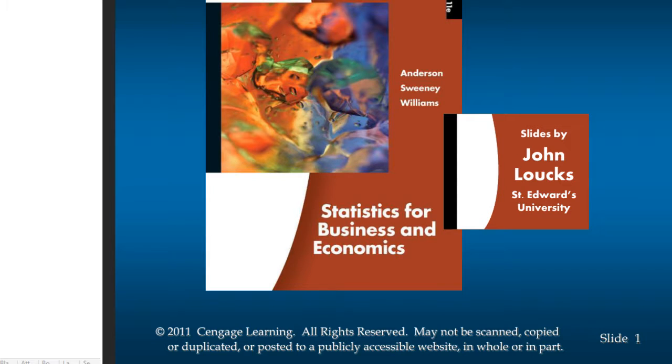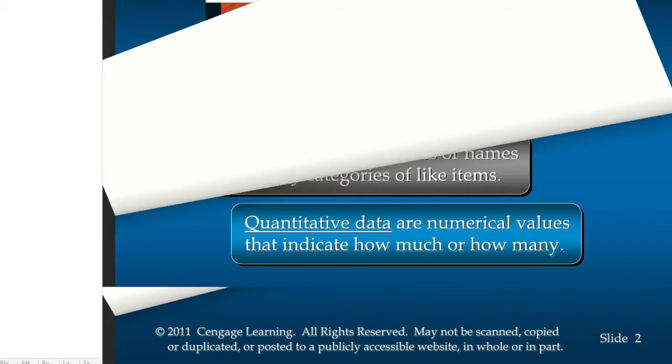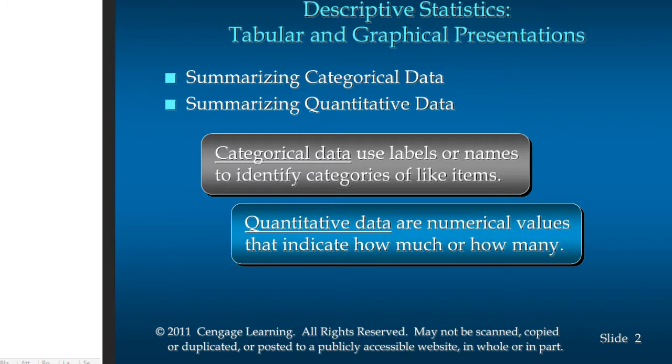So we are going to check chapter 2, right? The first thing that we are going to check in this chapter is how to present categorical data and quantitative data. Now remember last week in the first class that we talked about different types of data.